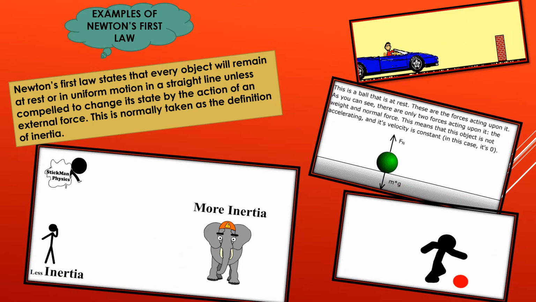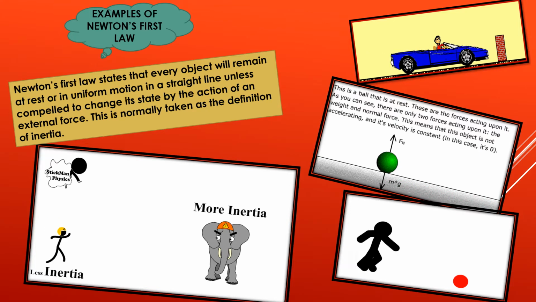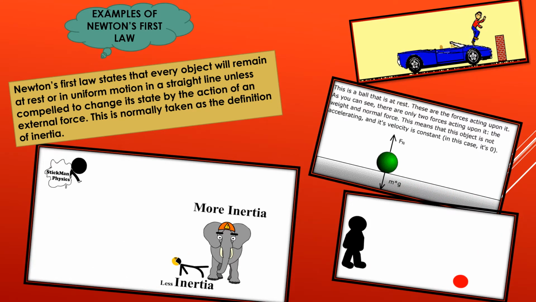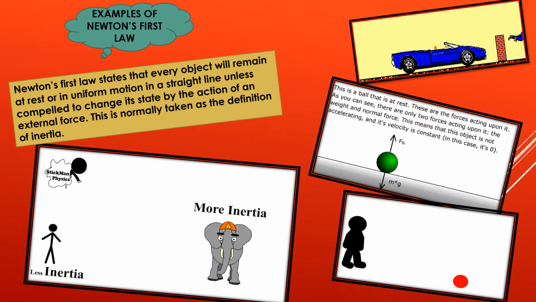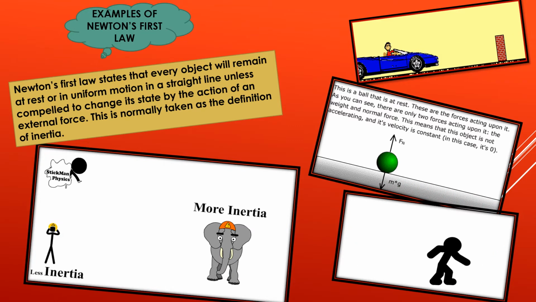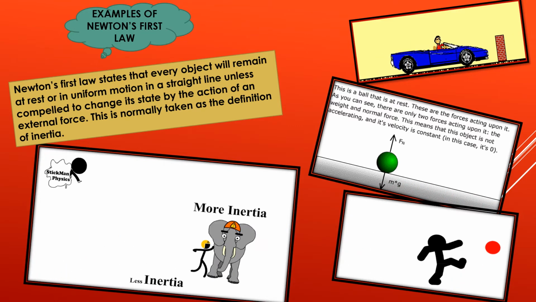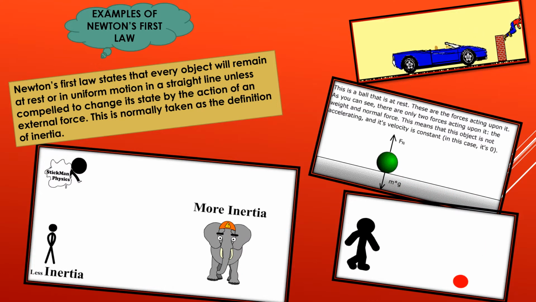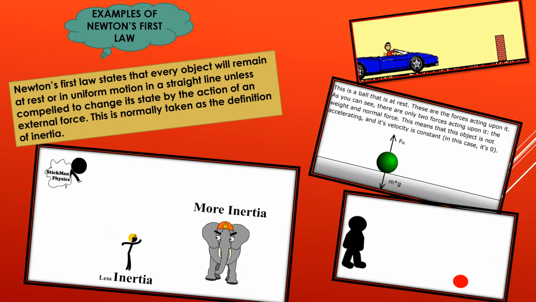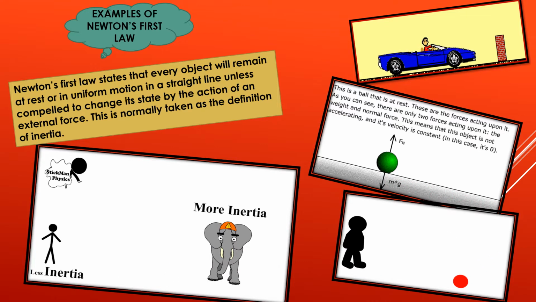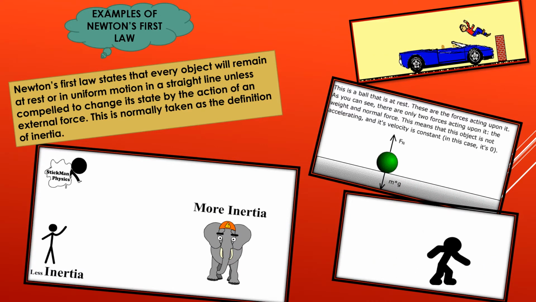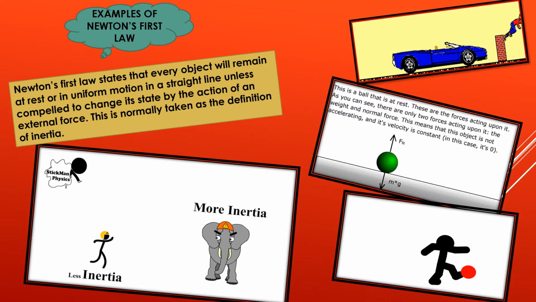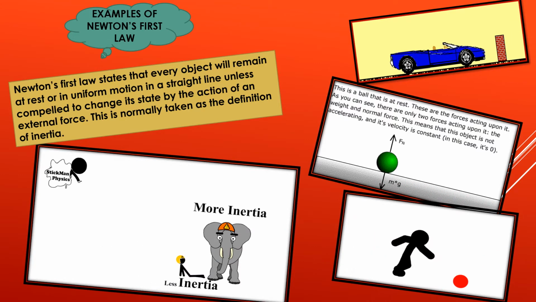Now come to this example. A car is moving. Suddenly, there is a wall. That's why the car cannot move. But at that time the driver is still in motion with the same velocity. This man, the driver, is also maintaining his own velocity, while the car's velocity has stopped. That's why he has fallen down from the car.